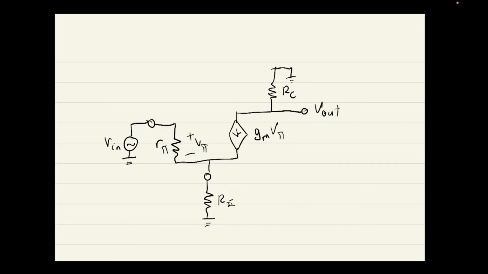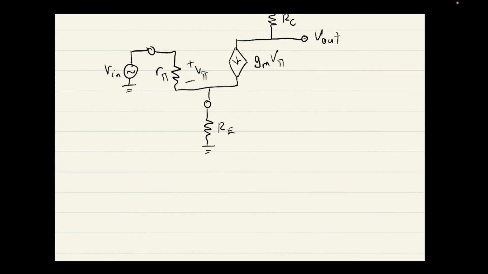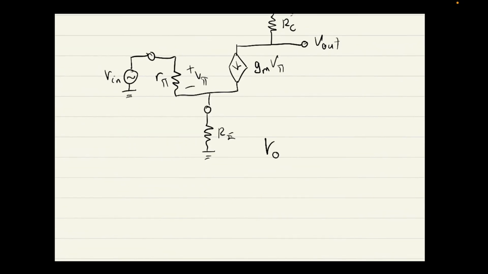Okay, so V out, the equation still looks the same, sort of. V out equals minus gm Rc V pi. But what's different over here is that V pi is not V in.